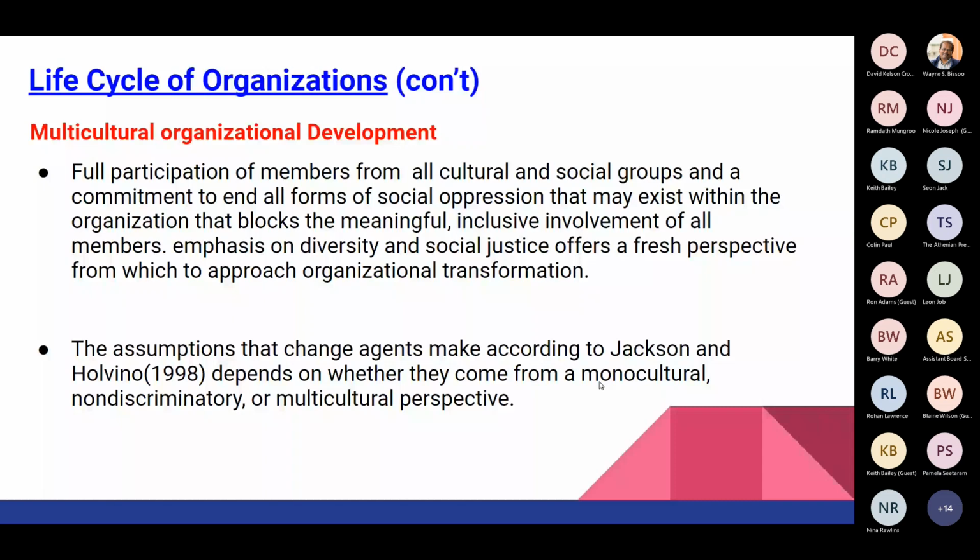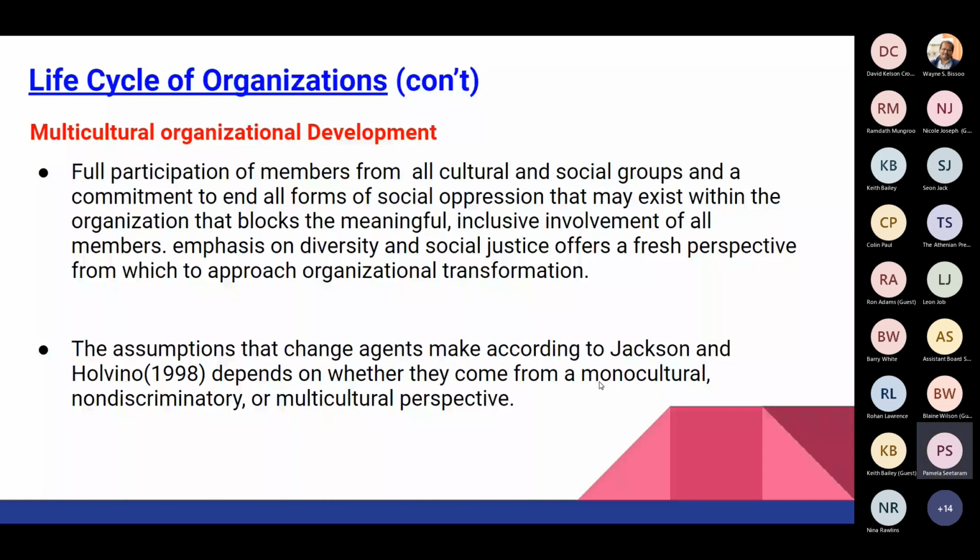Jackson and Polvino offer similar models for multicultural organizational development. Their models show the organization moving from a perspective that is monocultural and exclusionary to one that is compliant and non-discriminatory, through a redefinition process, and finally to a multicultural perspective.